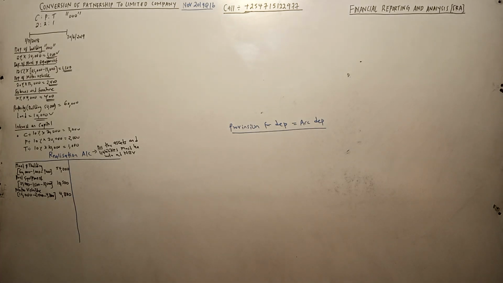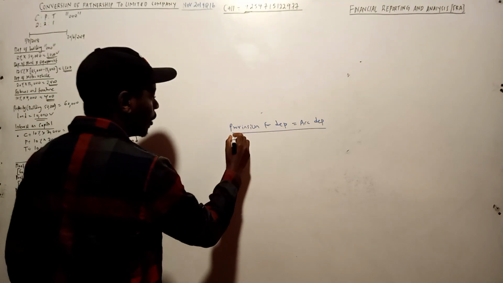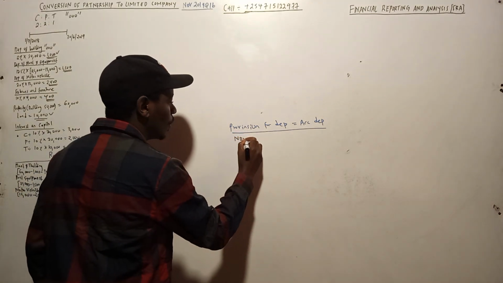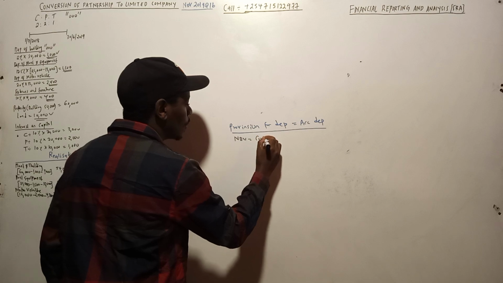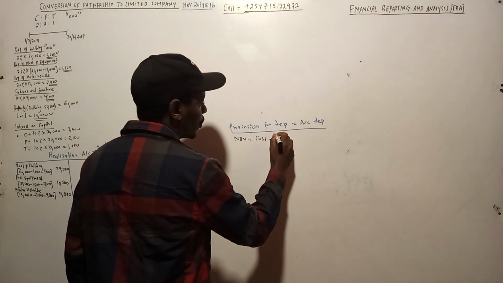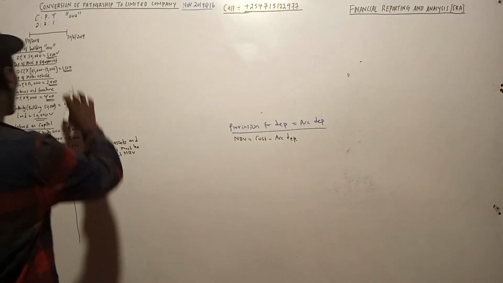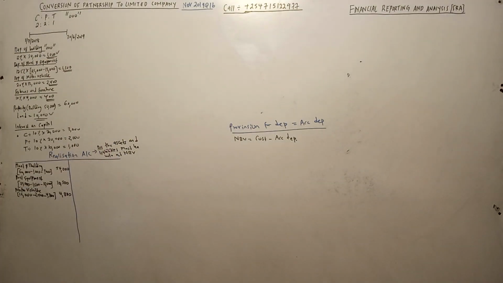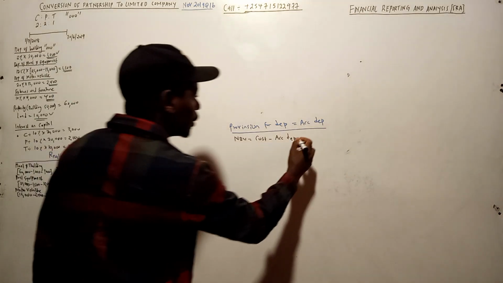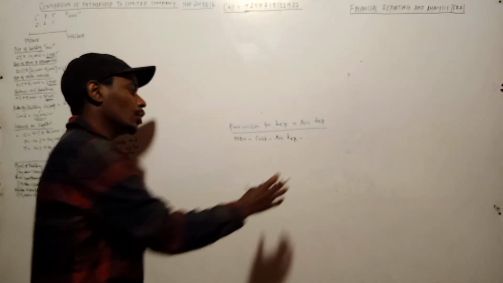Remember, for you to get the net book value, it equals cost minus the accumulated depreciation. But remember, the depreciation for the year was never accounted for. They said somewhere that the depreciation for the year was not accounted for. That's why we are now raising even the depreciation for the year, because it was not included in the accumulated depreciation.